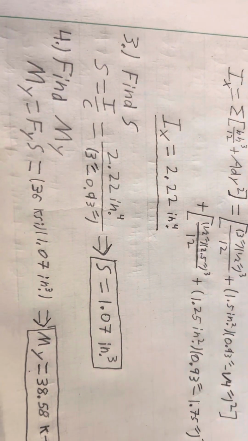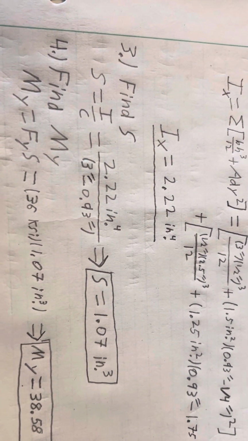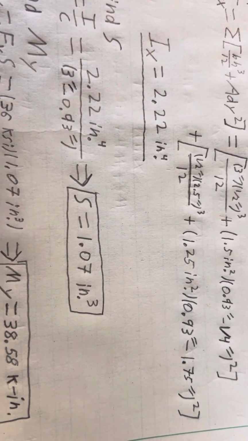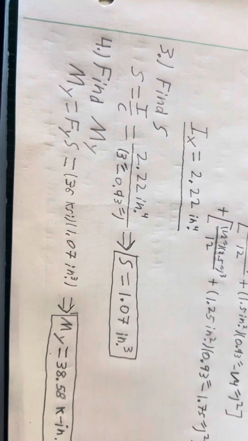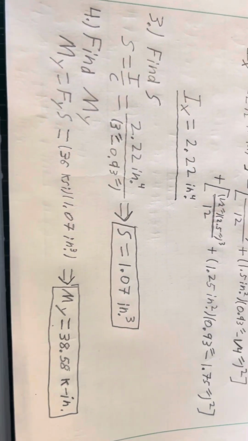So 3 inches minus 0.93 gives you 2.07. And so when you solve it out, you get that the S is equal to about 1.07 inches cubed. And the textbook gives 1.06 inches cubed, so we're right on track.